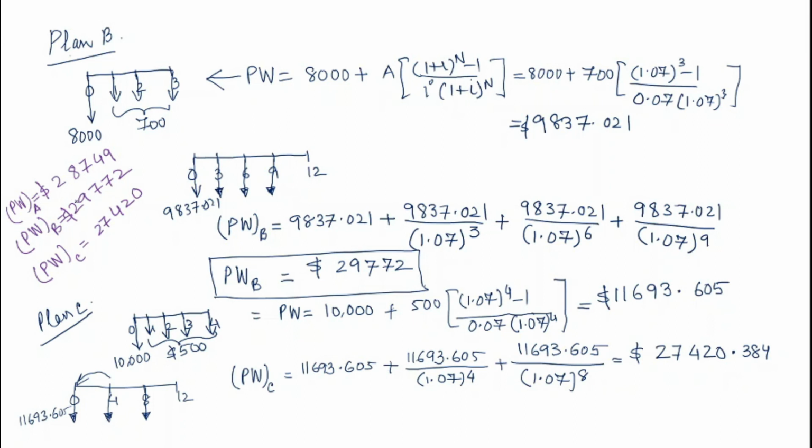If one has to select which plan to opt for, then obviously these are the expenditures, so the one with the minimum expenditure should be opted. The minimum expenditure is when one opts for plan C, because in this plan there is the minimum expenditure. So this is the plan which one should select.